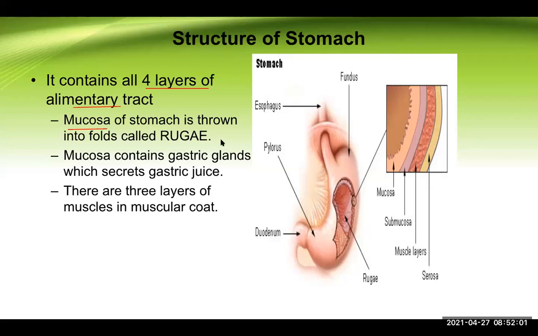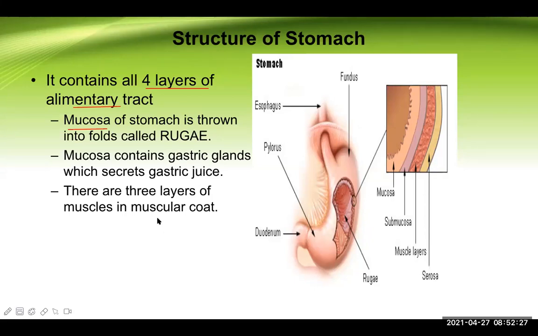If you see the cut section of the stomach, the inner part at the lumen, the different mucosal folds can be seen, which are called rugae. These rugae increase the surface area of the stomach. The mucosa contains a lot of gastric glands which secrete gastric juice. That is the main secretion from the stomach. We'll talk about that during the function.